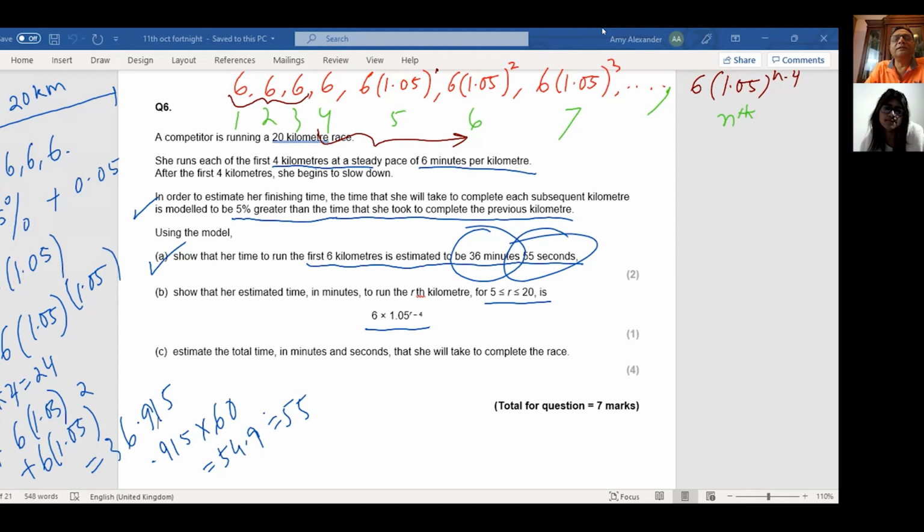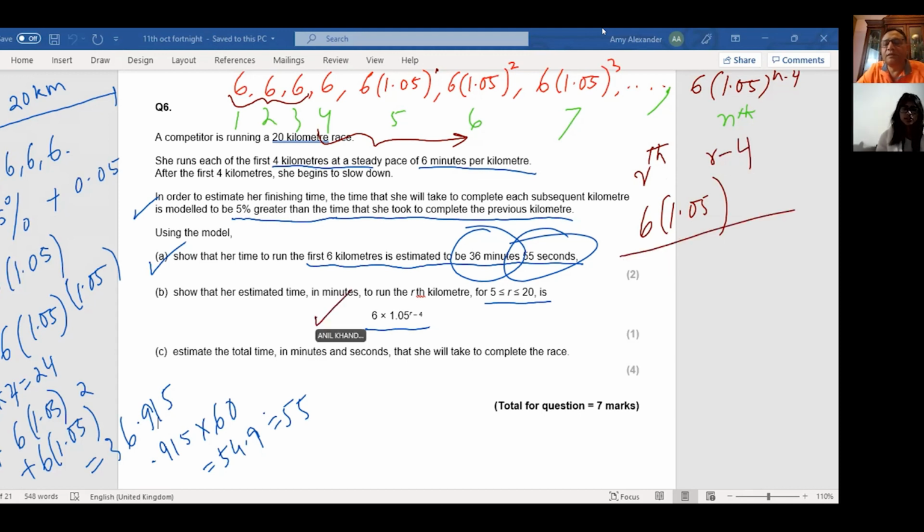You can relate the term number and the exponent, there's a difference of 4. Therefore, for the rth term, the result will be 6 times 1.05 to the power of r minus 4. Is that clear to you? Yeah, that's clear.